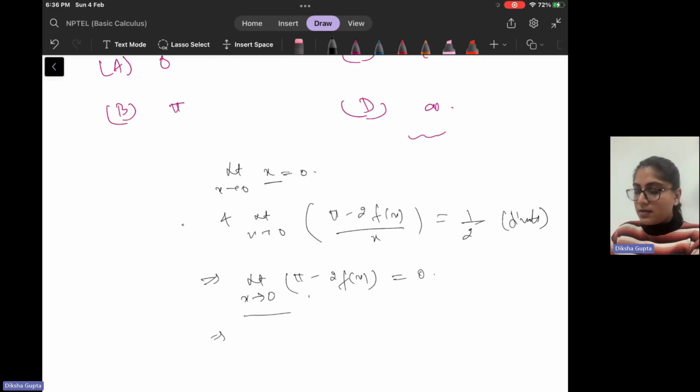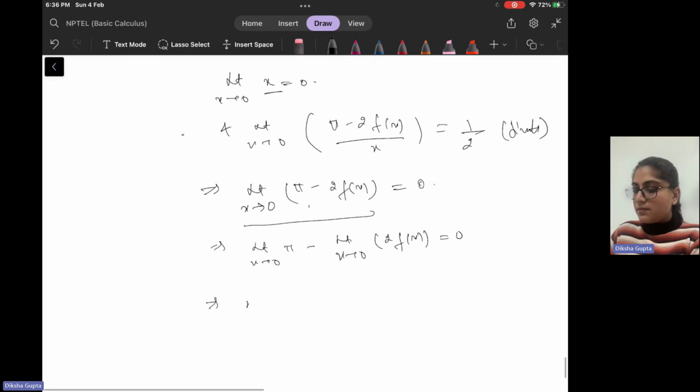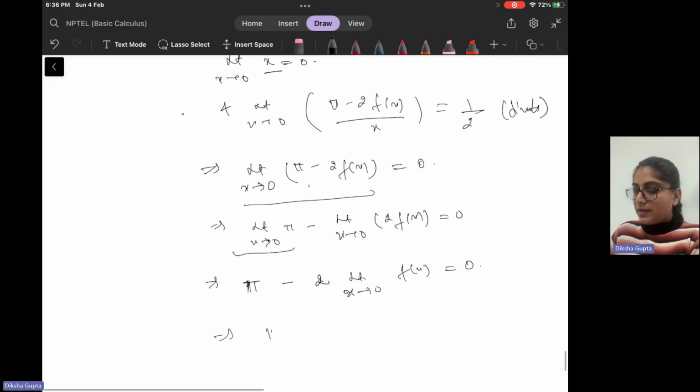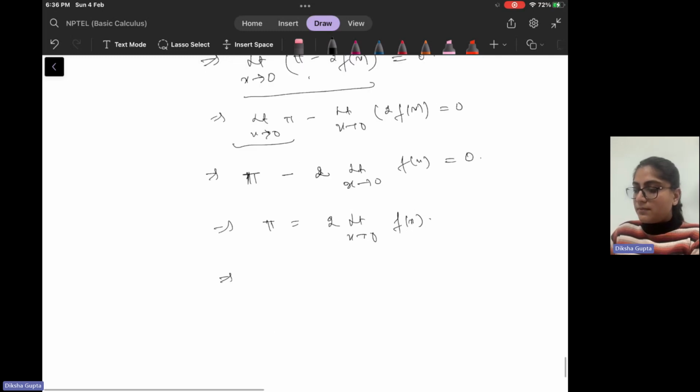And now by algebra of limits, we can distribute the limits. So limit x tending to 0 of π minus limit x tending to 0 of 2f(x) is 0. Again, using the algebra of limits, since firstly this is a constant function π, its limit will be π, and minus 2, this is a scalar, this can come out. This is nothing but limit of f(x) equals 0, implies π equals 2 times limit x tending to 0 of f(x). This will imply that limit x tending to 0 of f(x) is π/2.